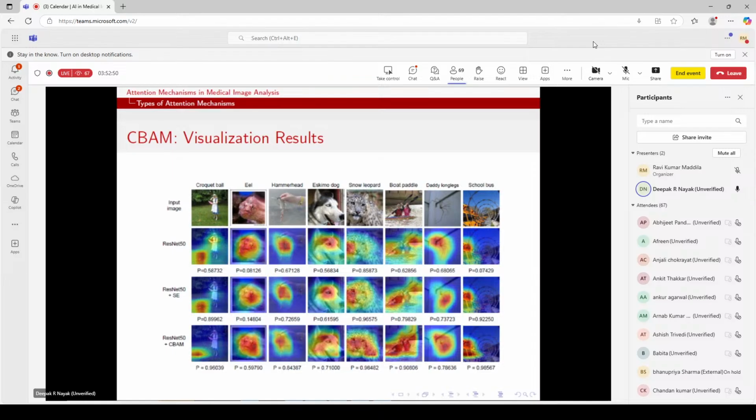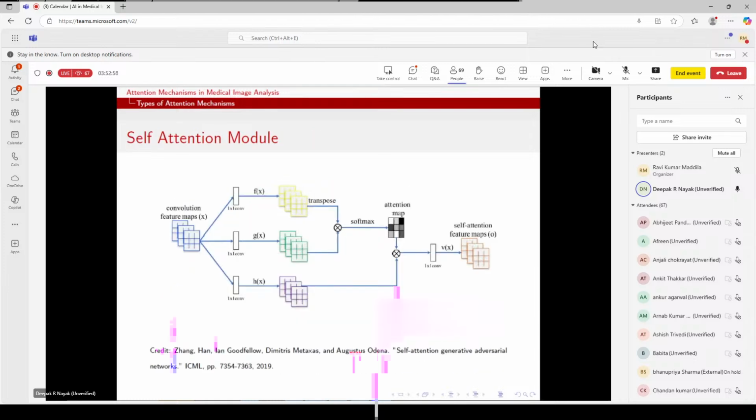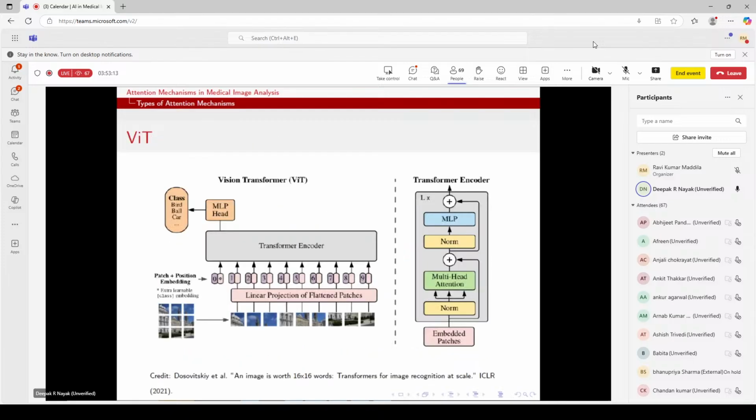I hope at least you got the idea behind channel attention and spatial attention. There's one type of attention which is very popular and plays an important role in designing vision transformers, which is nothing but self-attention. You might have seen this particular architecture.